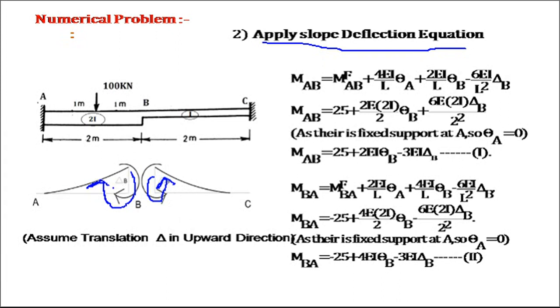Now for member AB, as it is in the clockwise direction, here also it will be clockwise. And for member CB, it is in the anti-clockwise direction, so here also it will be anti-clockwise. Our sign convention is that anti-clockwise is positive and clockwise is negative.